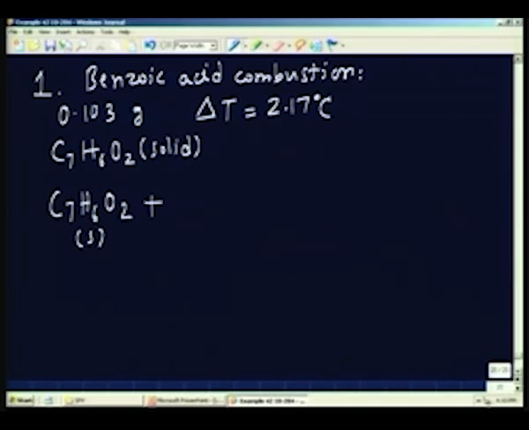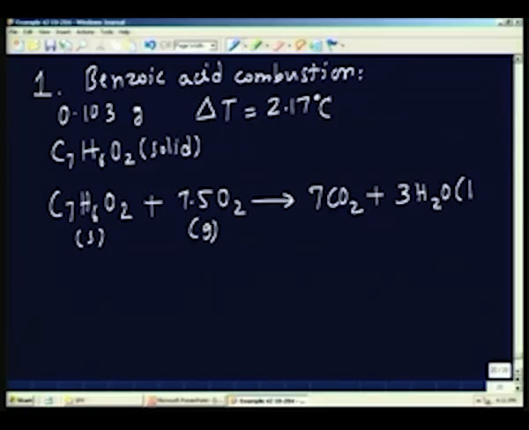The amount of oxygen required for stoichiometry and complete burning is 7.5 O2, in gaseous form. After the combustion is over, you get 7 CO2 plus 3 H2O, in the liquid form.